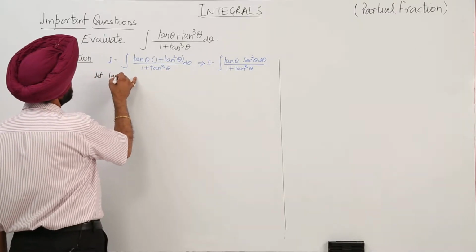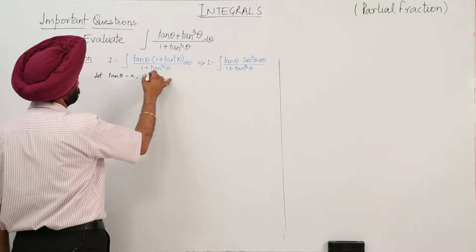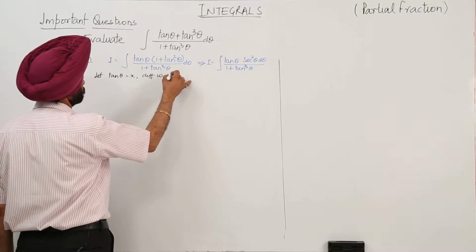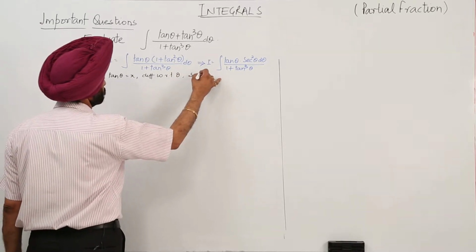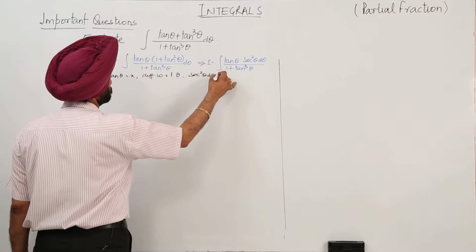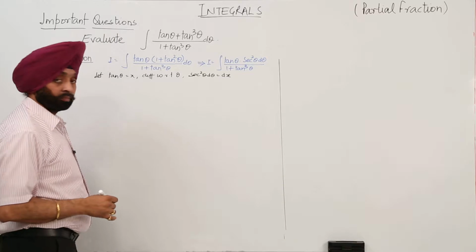Now let tan theta equal x. Differentiating with respect to theta, we get secant square theta d theta equal to dx.